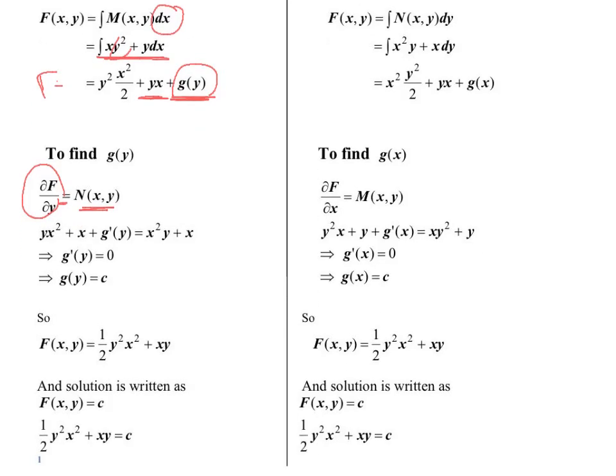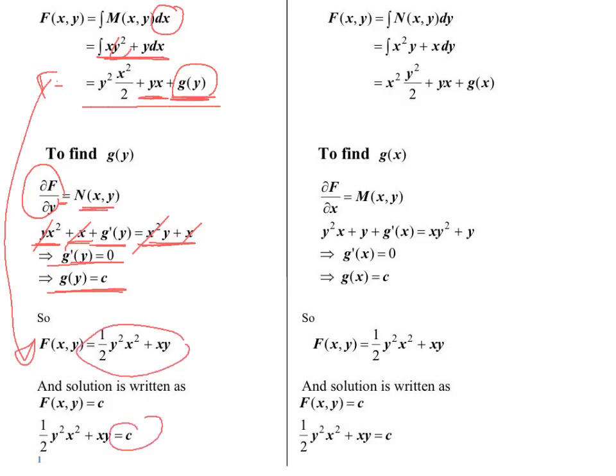So partial f partial y from the answer is equal to 2yx squared over 2, so yx squared plus x plus g prime y, equal to n from the equation, which is this. This is equal to this, so g prime y is 0, so g of y, the integration of 0, is a constant. Then you go back and write what f is. And the solution is written as f equal to constant.